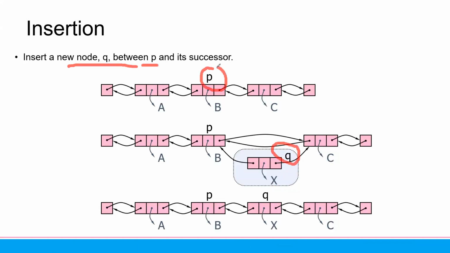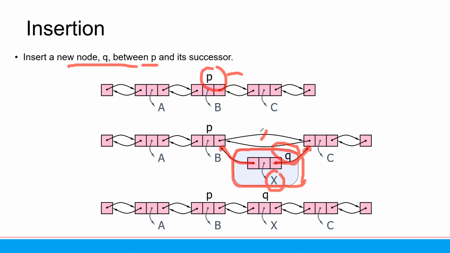Let's say this is P, and I want to insert a new node after P. First we make a node, and this node has an object Q. We need to assign the previous of this node to P, and the next of this node to the following node.